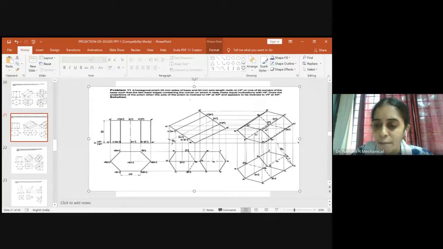After that we have to get the remaining corners. For that, always start from either the top or the bottom surface, and later you can project it parallelly, right? Now we have started from the top surface of the hexagonal prism. So let us complete this. Once you have got the point A, you need to identify these two corners, F and B. For that you need this vertical line, right?